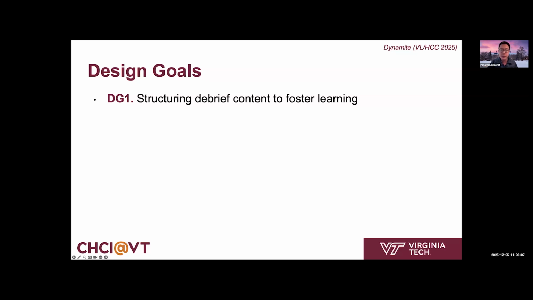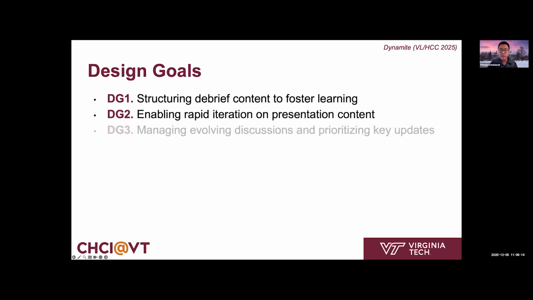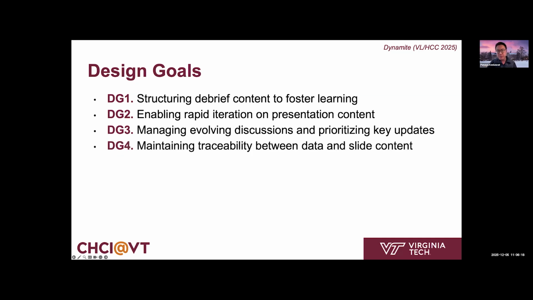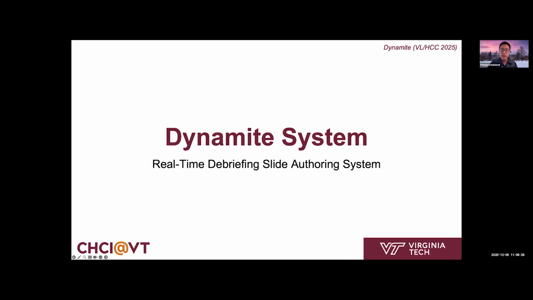One is structured, diverse content to foster learning, enable rapid iteration, manage evolving discussions by prioritizing key updates, and maintain traceability between data and slides. These goals shape the design of the proposed system, which I will introduce: Dynamite, a real-time debriefing slide authoring system.